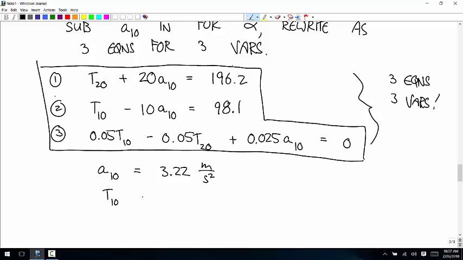Okay, T10 is 130, T20 is 131. And so the fact that the pulley has a moment of inertia now reduced the acceleration by not a very big percentage.